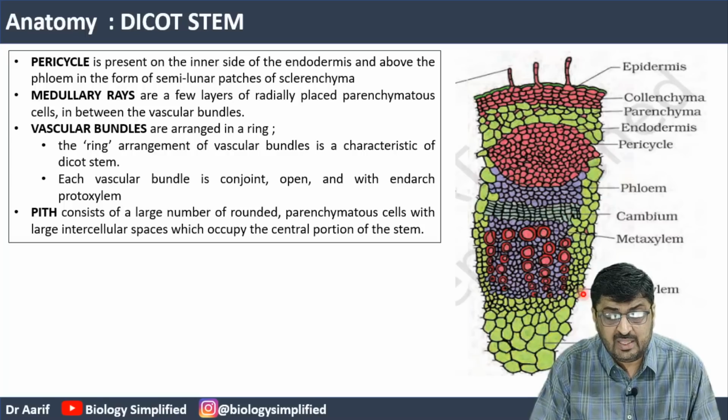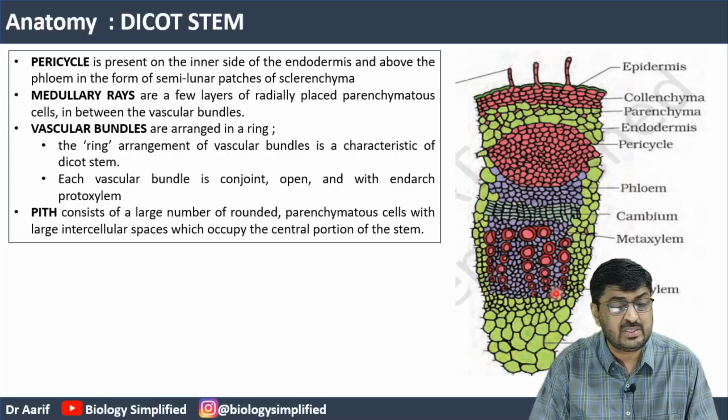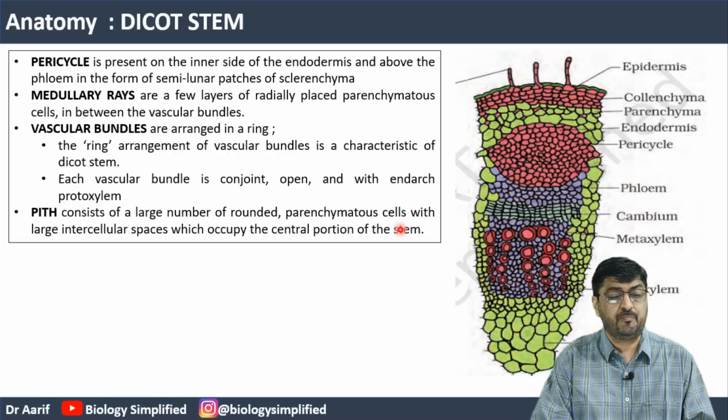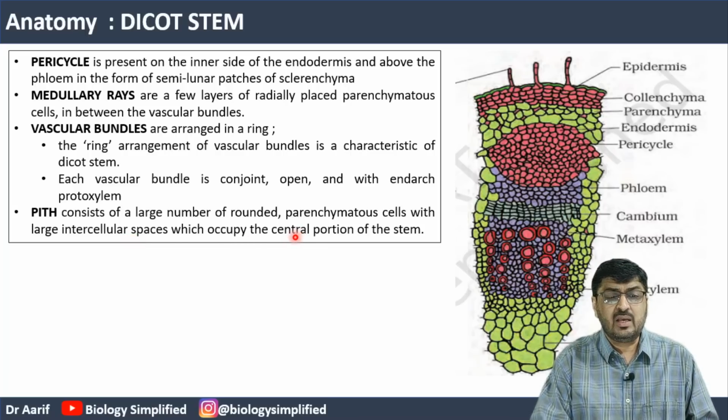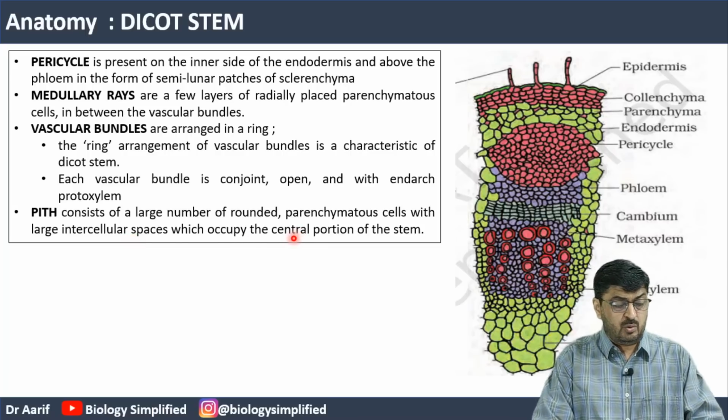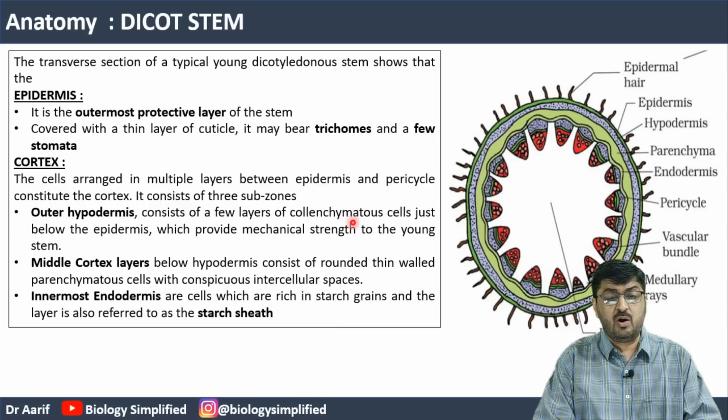The protoxylem inside, you can see clearly, see protoxylem is inside here, so it's an end arch protoxylem. और उसके आगे है pith, large number of rounded parenchymatous cells with large intercellular spaces. Large intercellular spaces मतलब हो गया तुम्हारा parenchyma, right। So quickly run through the structure of dicot.